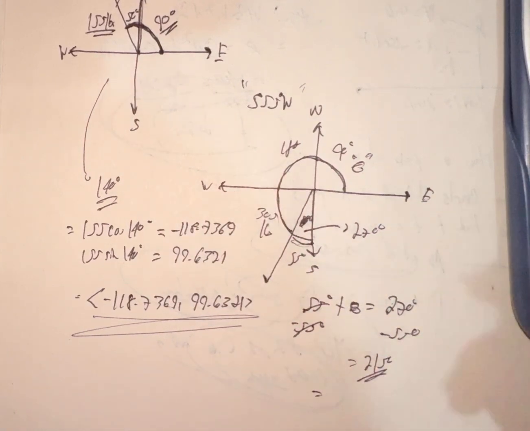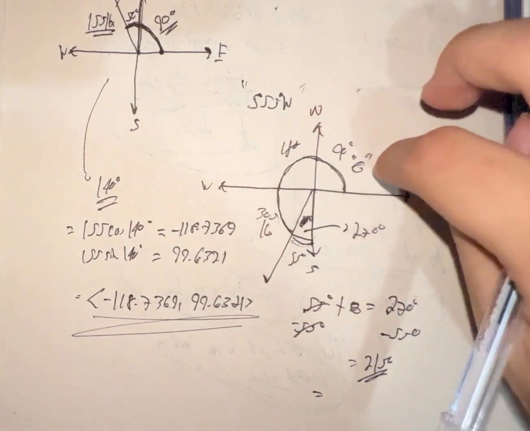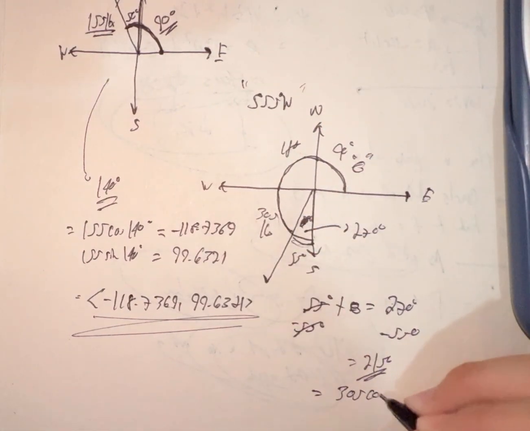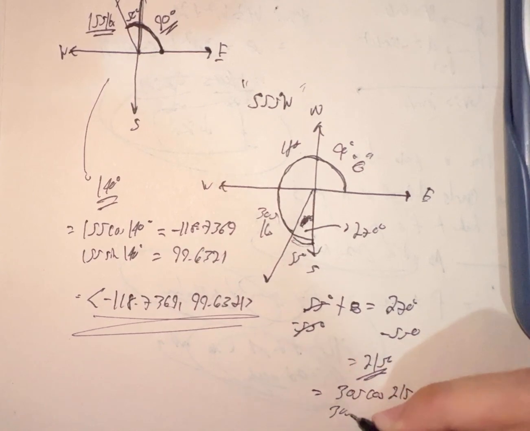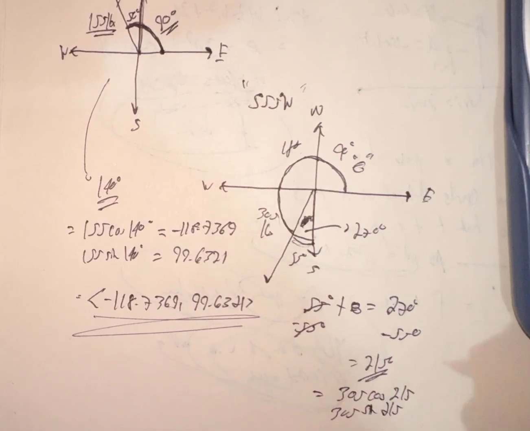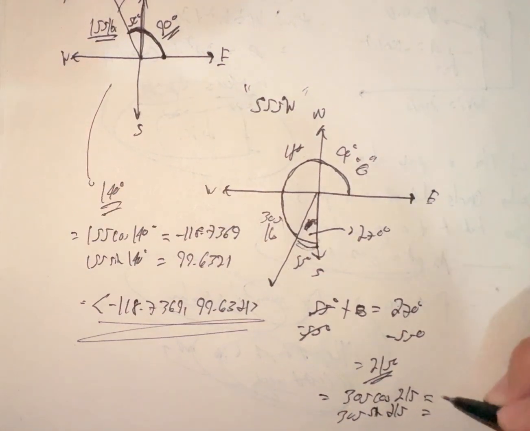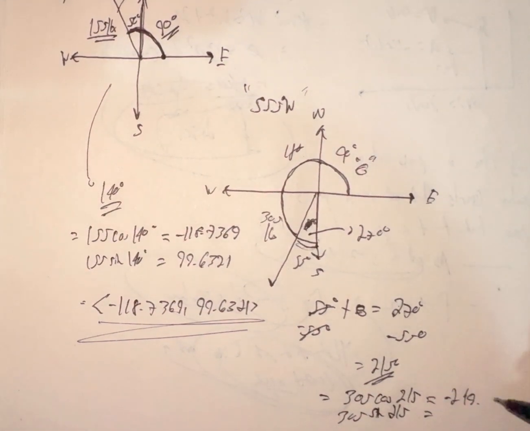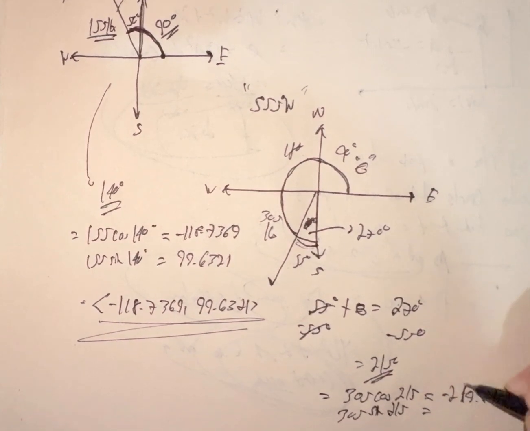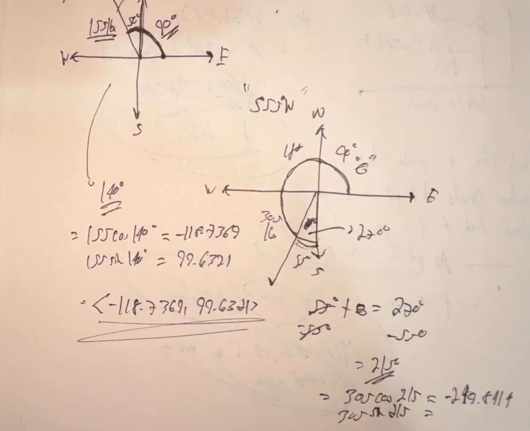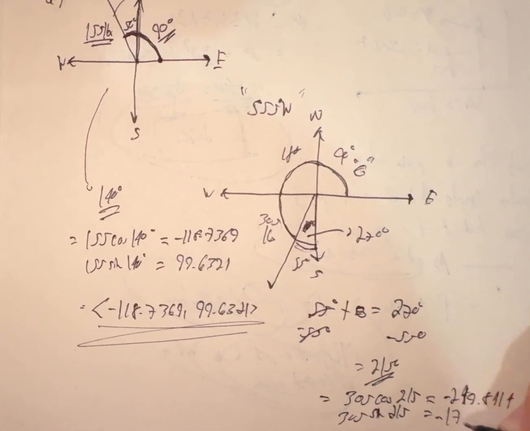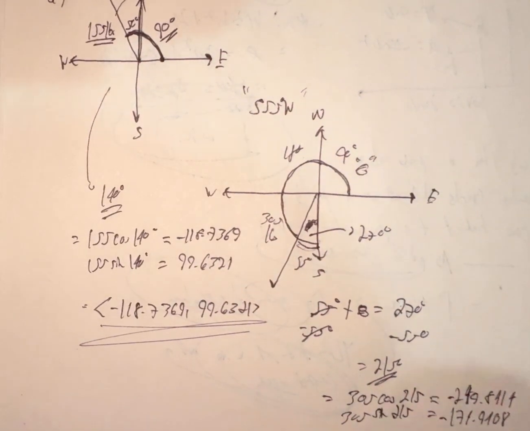Again, use the format magnitude cosine angle, magnitude sine angle. So our magnitude 305 cosine angle, 305 sine angle. I'm just going to use my calculator for this one. 305 cosine 215 is negative 249.8414, and 305 sine 215 is negative 174.9408.